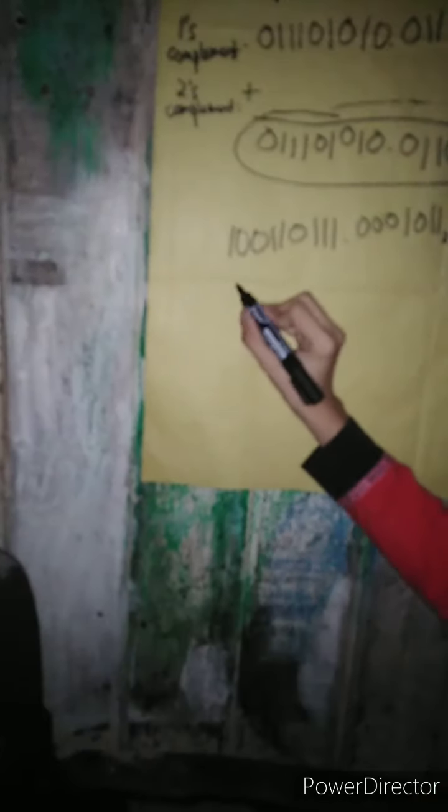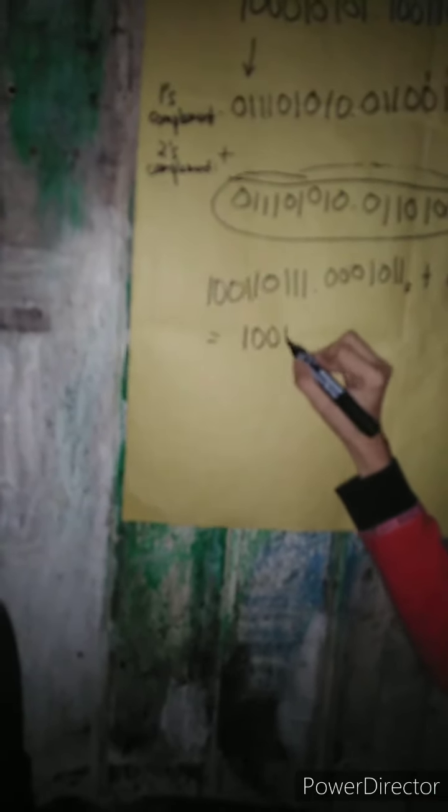Applying this rule, we will have 1 0 0 1 1 0 1 1 1 point 0 0 0 1 0 1 1 added by the negative of this one, which is again this 0 1 1 1 0 1 0 1 0 point 0 1 1 0 1 0 0 base 2.